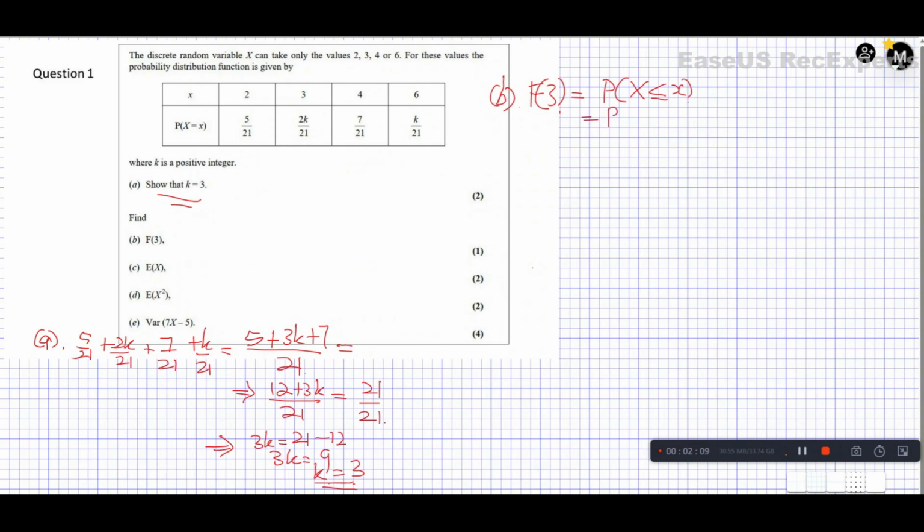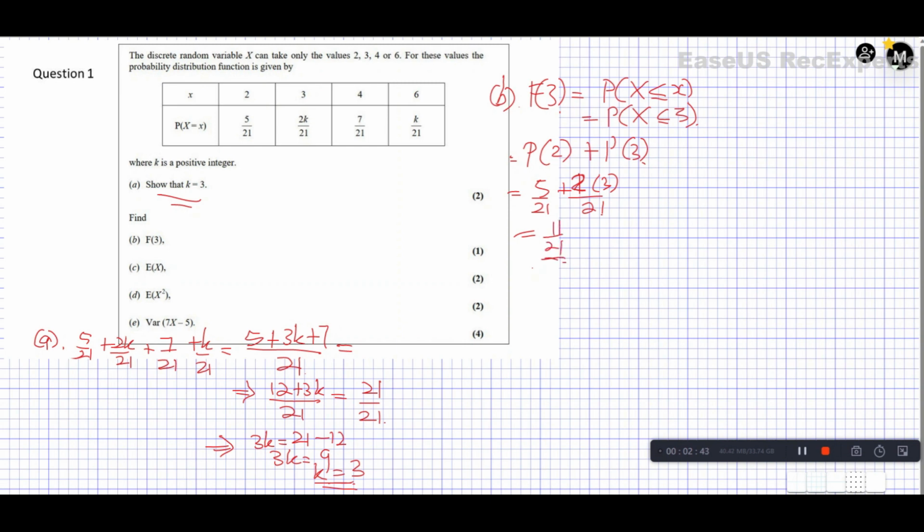In this case, probability of X less than or equal to 3. So probability of 2 plus probability of getting 3. Probability for 2 is 5 over 21 plus probability of getting 3 is 2 times 3 over 21, which is 11 over 21.